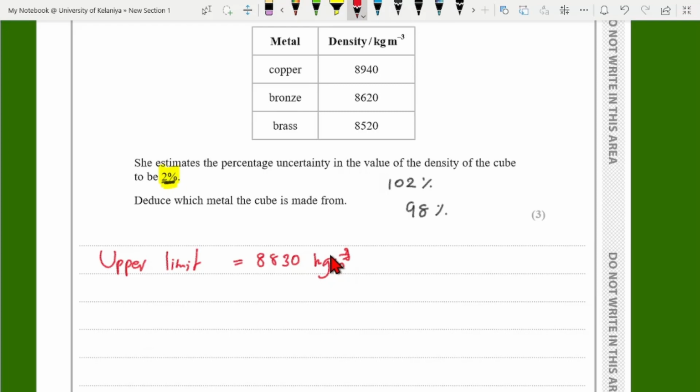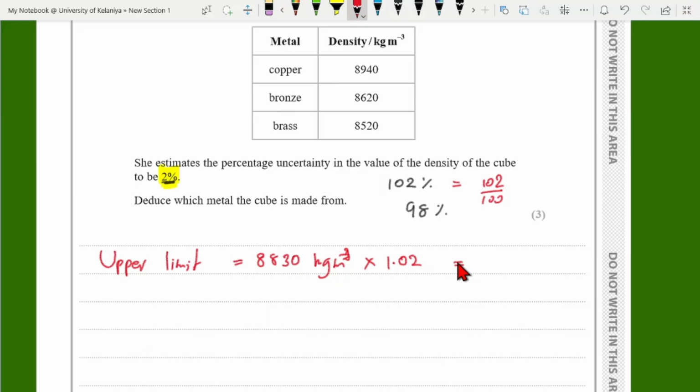So 8830 kilograms per cubic meter times 102%. Here we can write 102 over 100, so it will be 1.02.